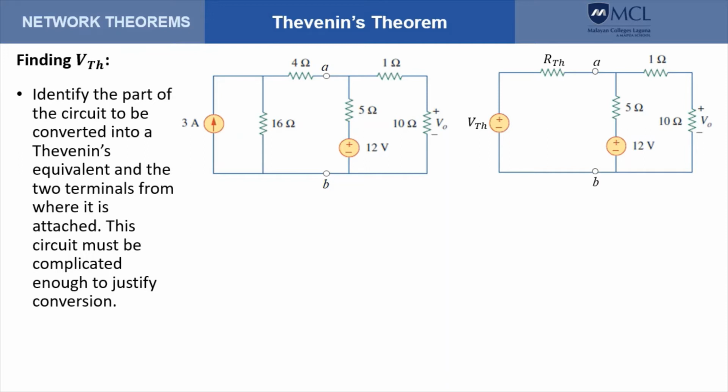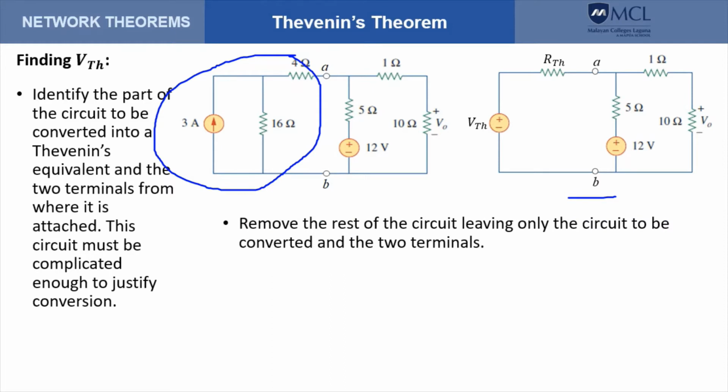So how do we find the VTH? We've already identified the part of the circuit that we need to convert to Thevenin equivalent, and that part is this one. And once that is converted, we can then use this modified circuit to solve the problem. So how do we get VTH?